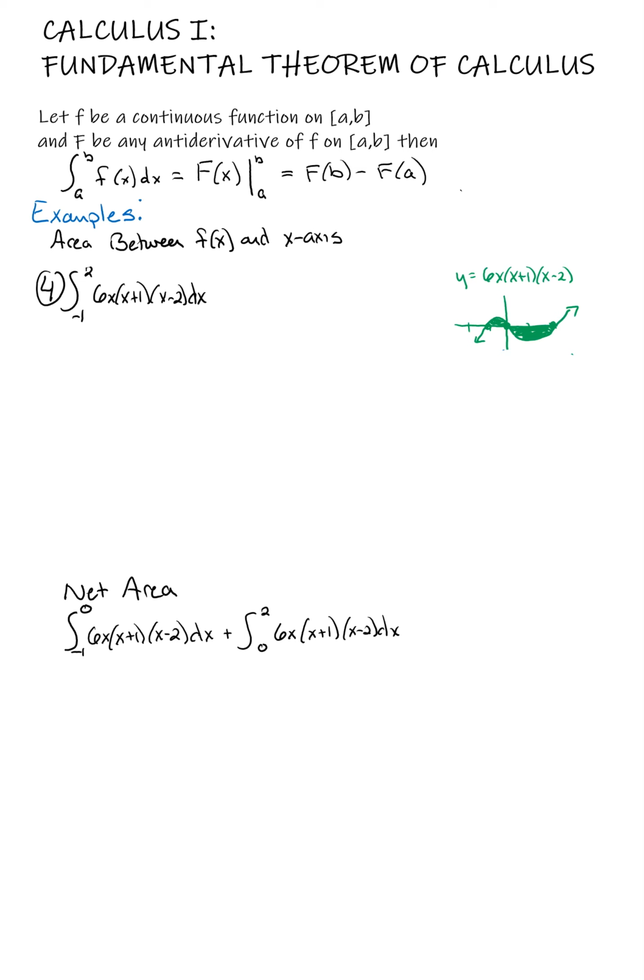So let's go ahead and determine what that area is using our fundamental theorem of calculus. To begin with, I do think it'll be easier if we go ahead and multiply this out.